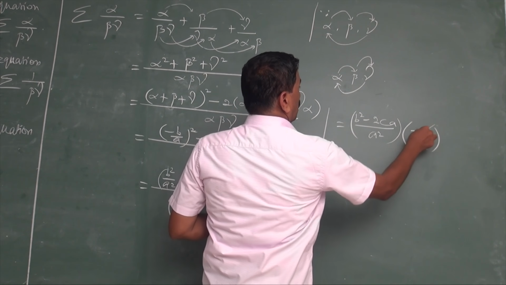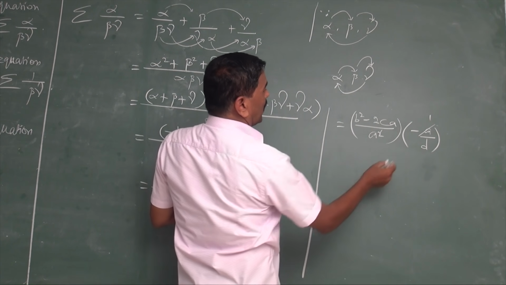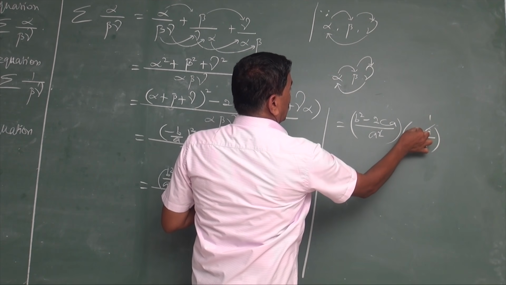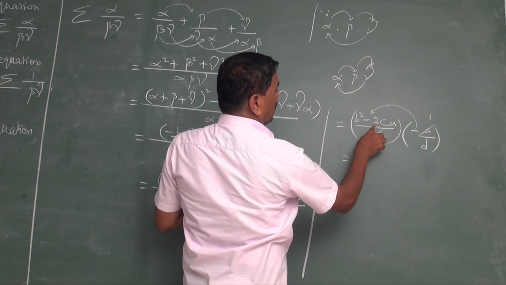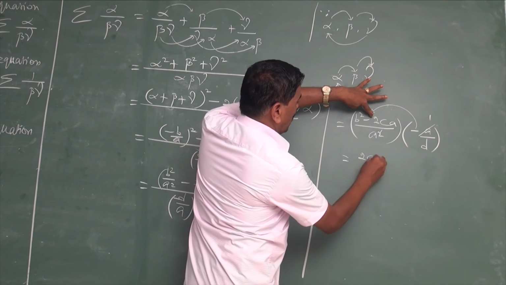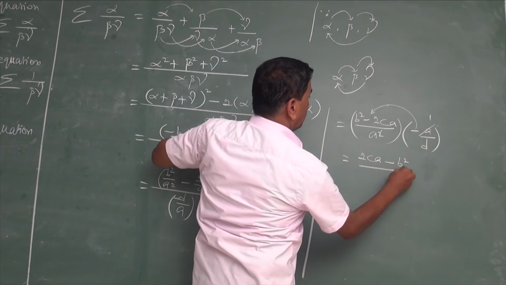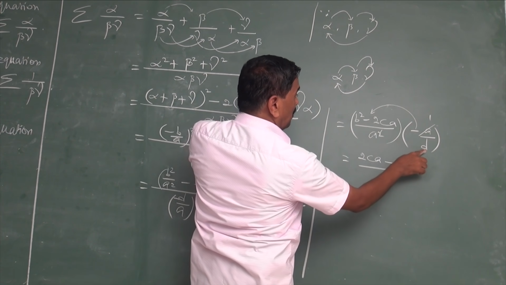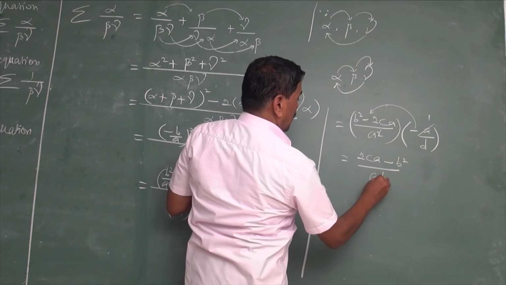Now one a fully cancels, and a square only cancels, and this minus 1 is multiplied with the first bracket, so minus into minus gives plus 2ca, and minus b square, divided by the remaining a and the remaining d. So denominator into denominator, a into d is equal to ad.